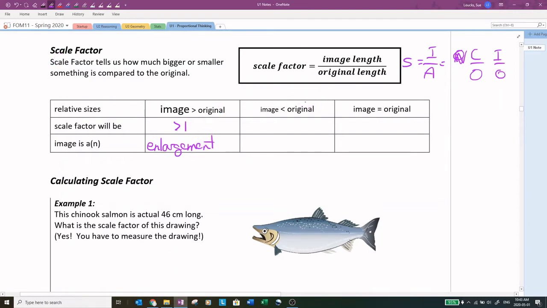If the image is less than the original, the scale factor is less than 1, and it's called a reduction. If the image is exactly the same size as the original, the scale factor is equal to 1, and it's neither a reduction nor an enlargement, it's an exact copy.